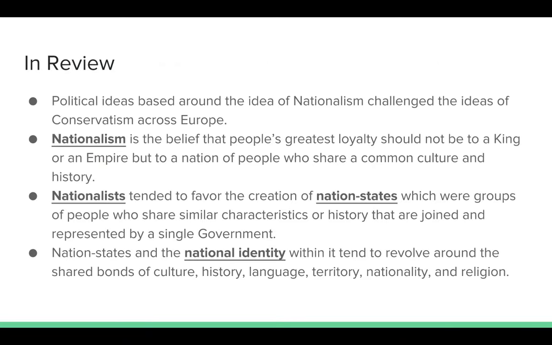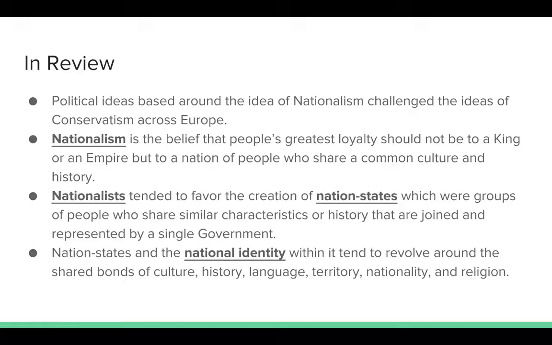So let's review. Political ideas based around the idea of nationalism challenged the ideas of conservatism across Europe. Liberals and radicals who wanted governments that were more representative and represented the best interests of the people pushed back against conservatives and the idea of absolute monarchies. Nationalism is the belief that people's greatest loyalty should not be to a king or an empire, but to a nation of people who share a common culture and history.